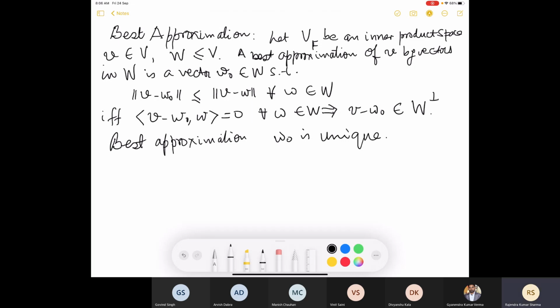Now if you see this geometrically, we had seen already enough examples.